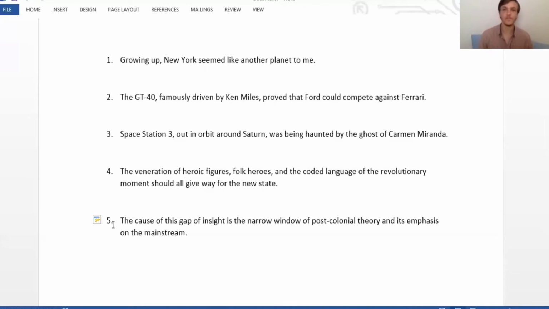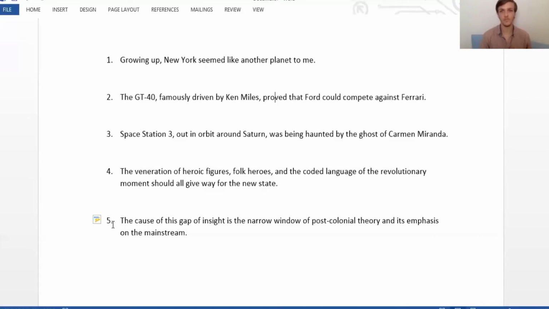And typically in English, we do want to make people the subjects of our sentences. We prefer that. But in this case, it's the car that proves something, not Ken Miles. Now, he was involved, so we want to include him in it. But this is a case where we do want to make sure that the car is the subject.